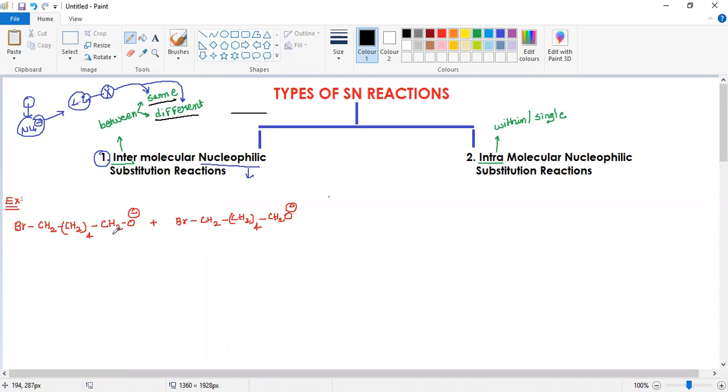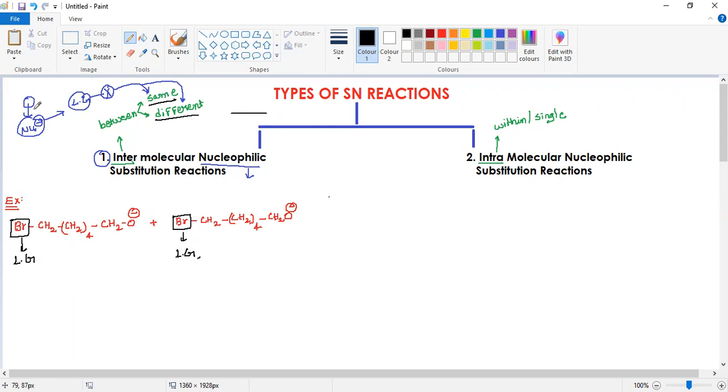So I have chosen the same molecules for the example. According to the intermolecular nucleophilic substitution reaction, what is the nucleophile here? This one is the nucleophile. And this bromide ion is a leaving group here, and in this molecule this one is the leaving group.